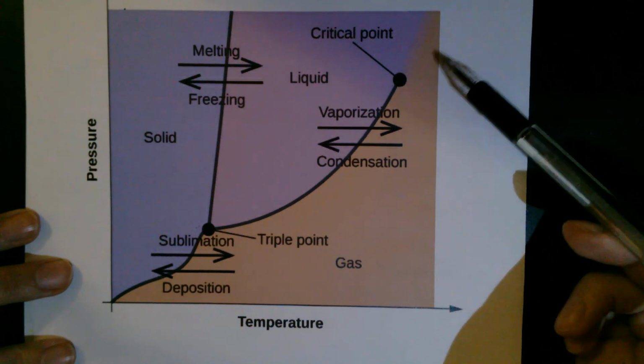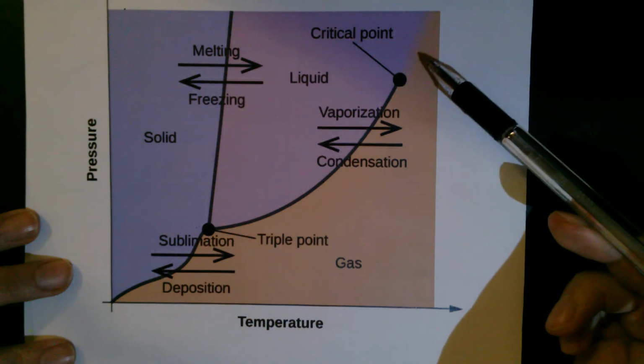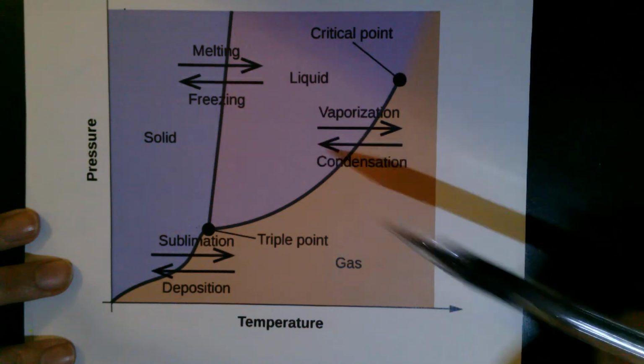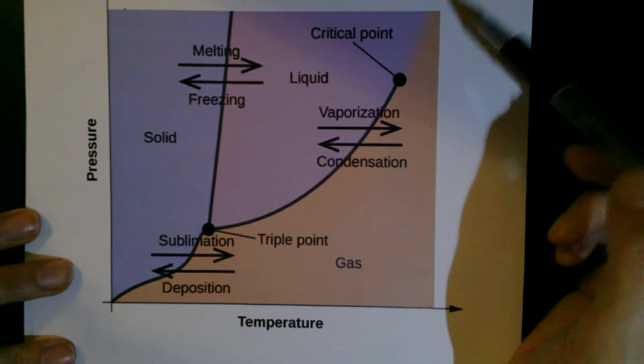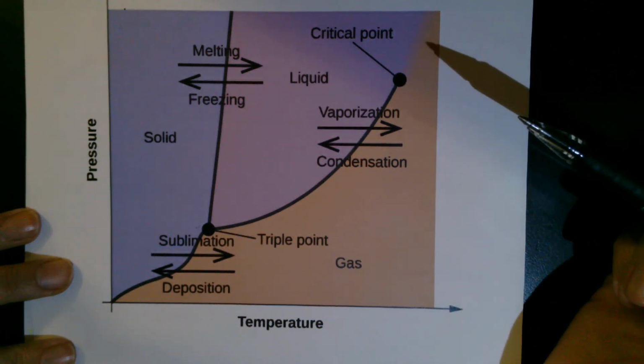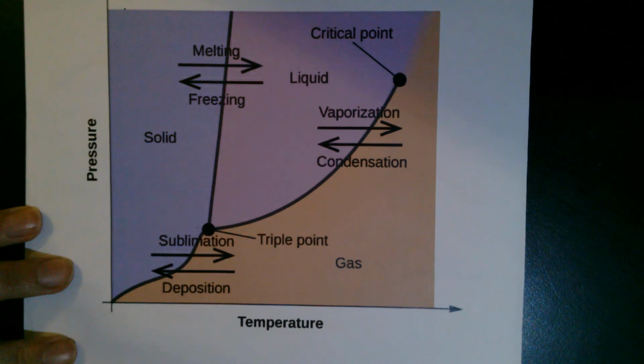So you get what's called a supercritical fluid up here. It has both gas and liquid-like properties. It flows kind of like a liquid, but it can travel through substances like a gas, and has a lot of really interesting intermediate properties.